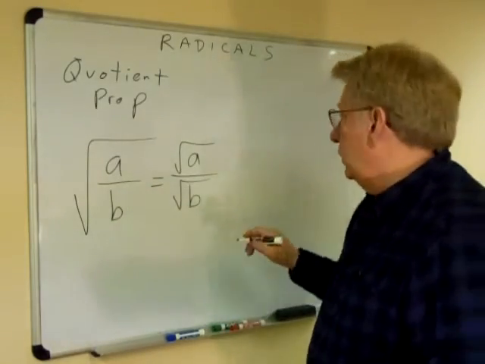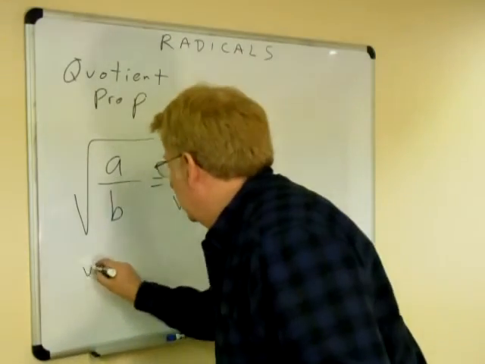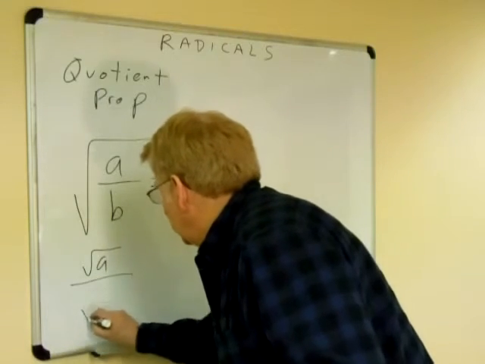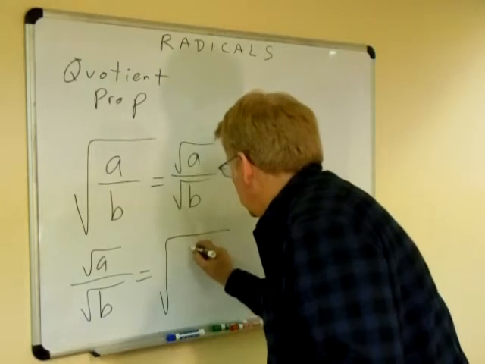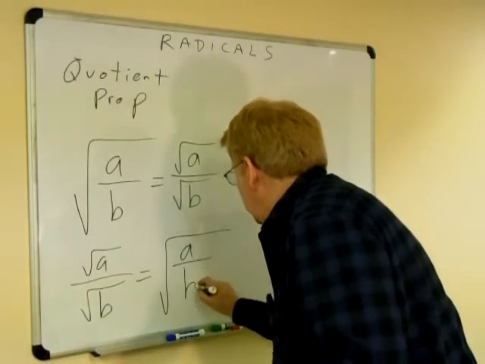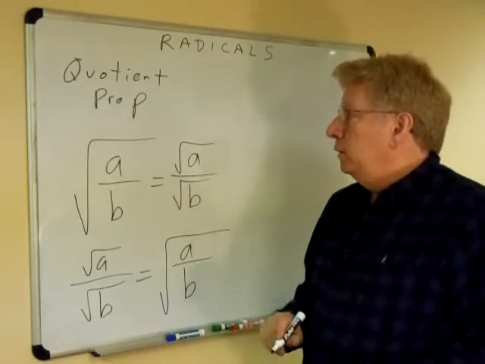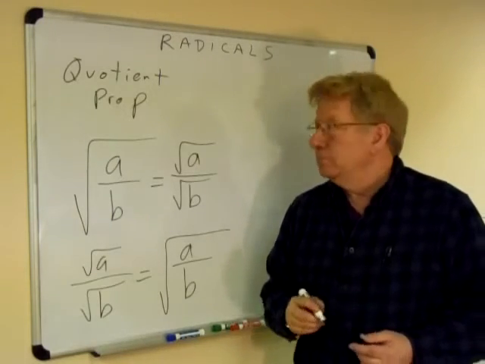We can take and reverse that. So we could say the square root of a over the square root of b is equal to the square root of a over b. That's the quotient property.